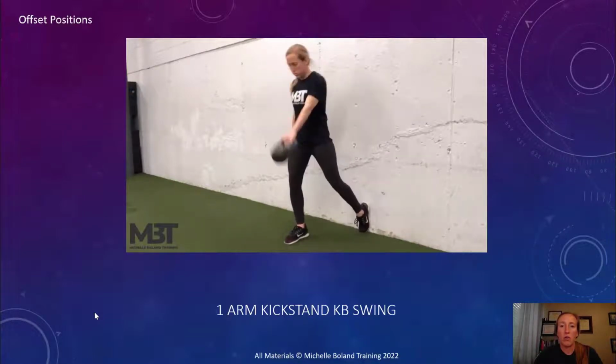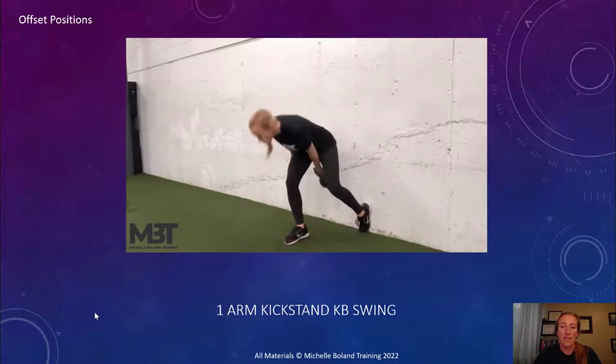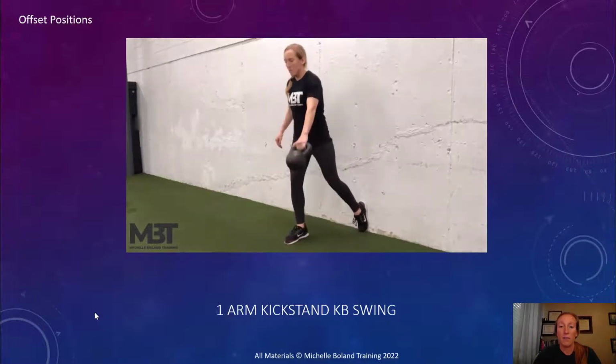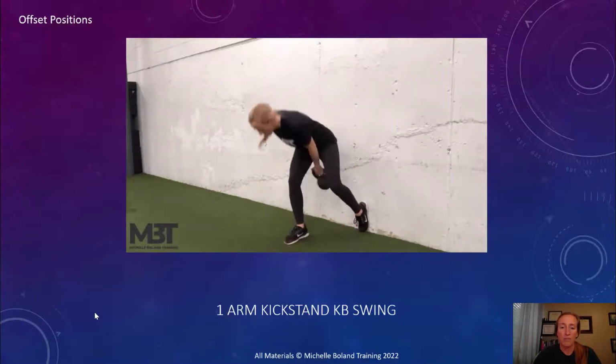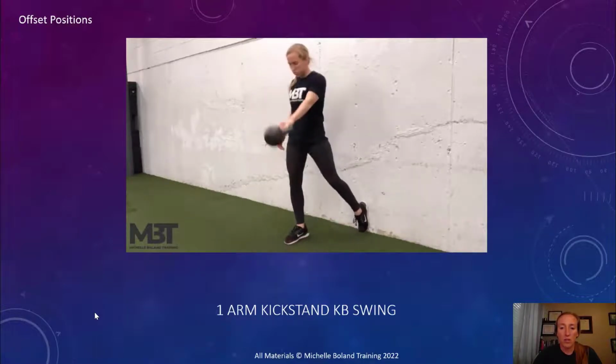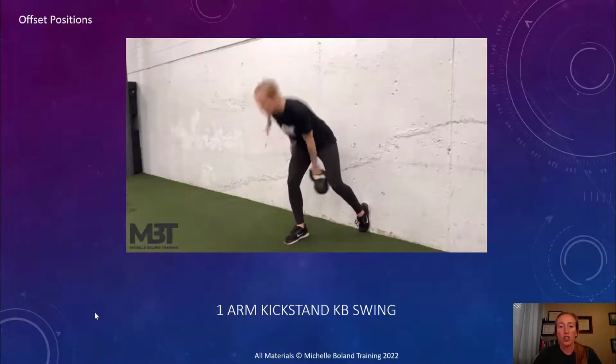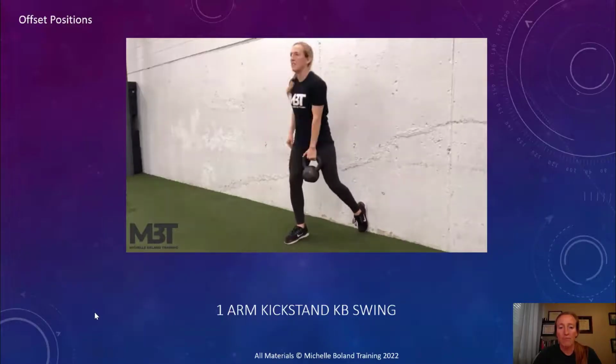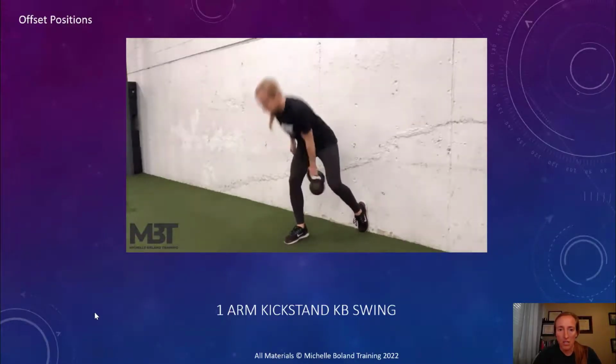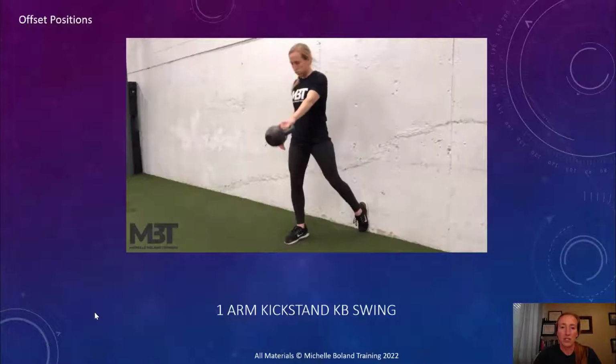And you'll feel a lot more activity through that backside hip with the back foot being supported against the wall. But again, a typical, if you think kettlebell swing, would be a bilateral stance, two hands on the kettlebell, moving into a hip hinge, and then a powerful hip extension through.